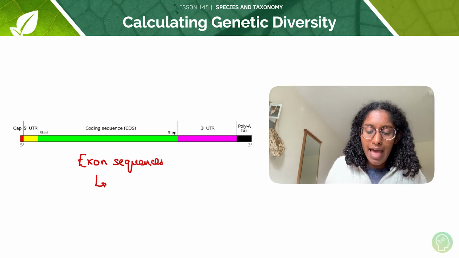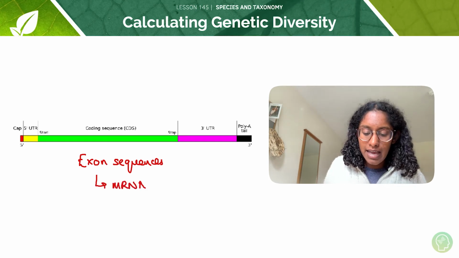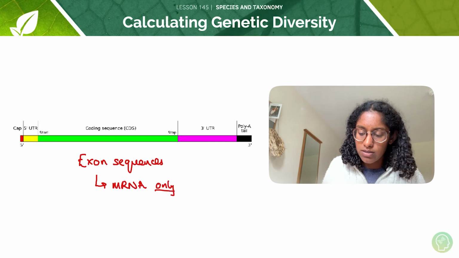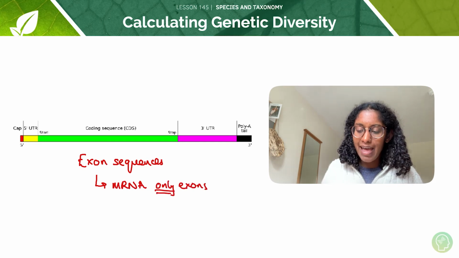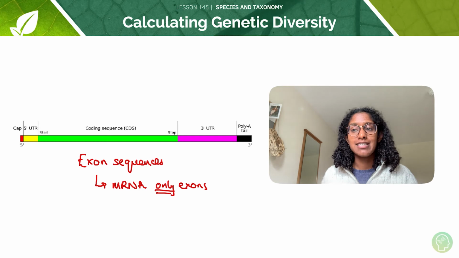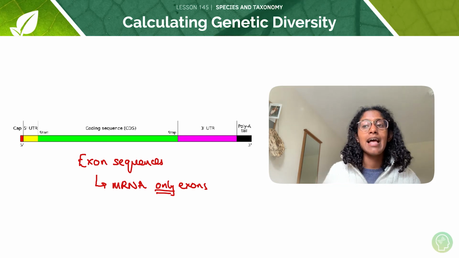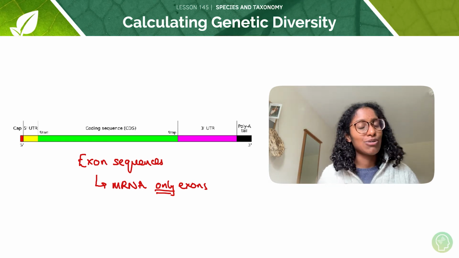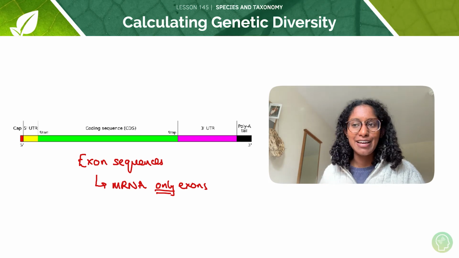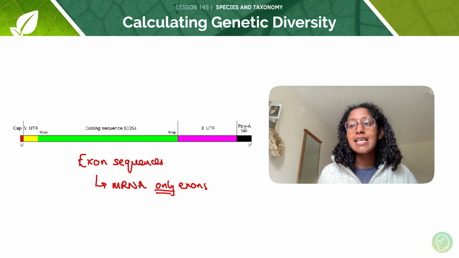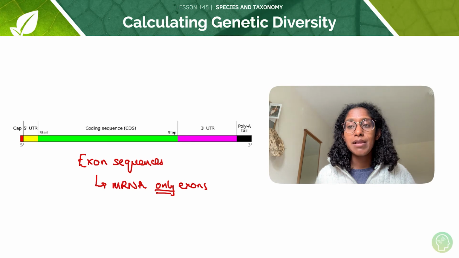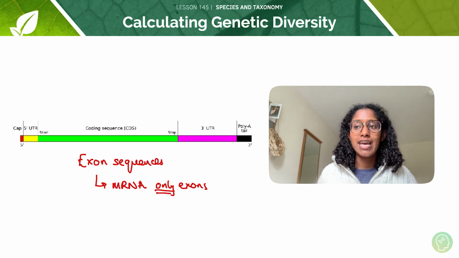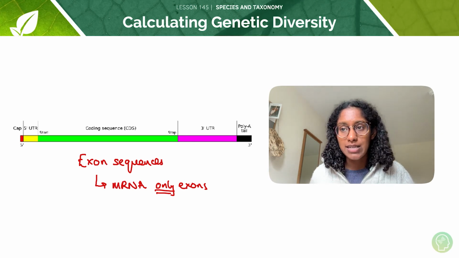But because mRNA contains only exons, we can compare mRNA rather than comparing DNA, because remember DNA contains exons and introns, whereas mRNA has been spliced. Those introns have been removed, which we talk about in our tutorial on transcription. So if you've forgotten that, go back and have a look. So because mRNA has only exons, it is similar to compare alignments of mRNA to see the similarity between organisms.